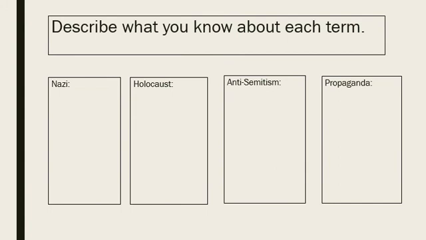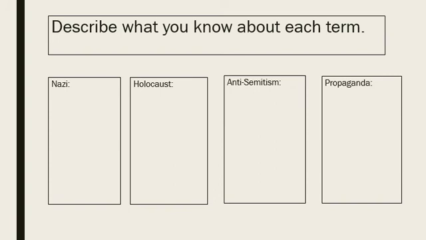For this one, I just want you to describe what you already know about each term. We already should know a lot about this because we've already read Prisoner B-3087. We know that the Nazis were the political party that controlled Germany during World War II.